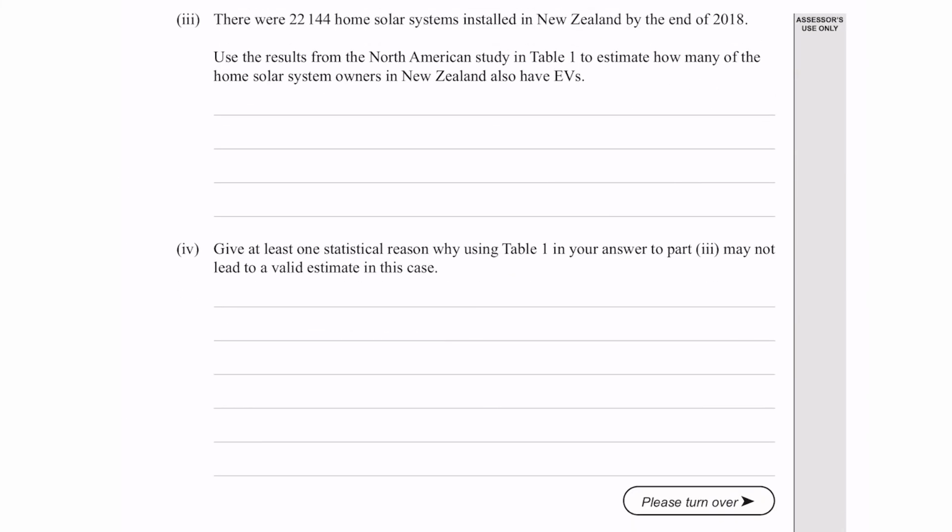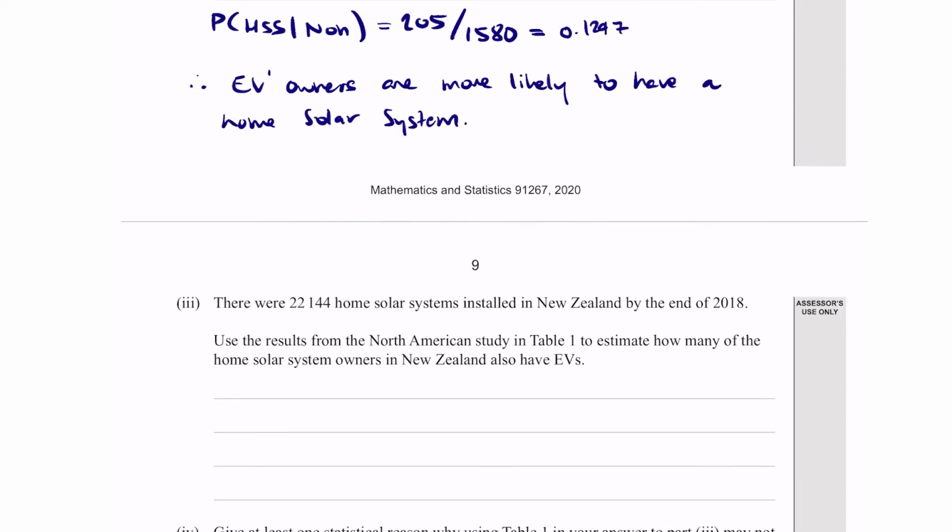So part 3, there were 22,144 home solar systems installed in NZ by the end of 2018. Use the results from the survey to estimate how many of the home solar system owners in New Zealand also have EVs. So what's this?